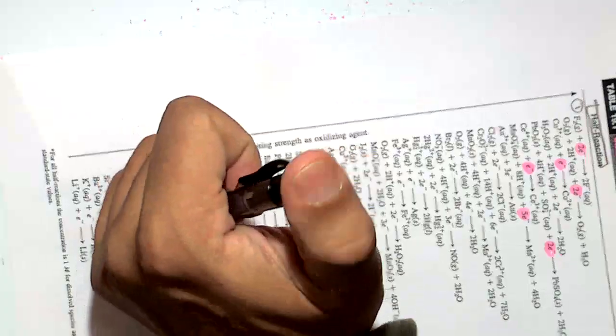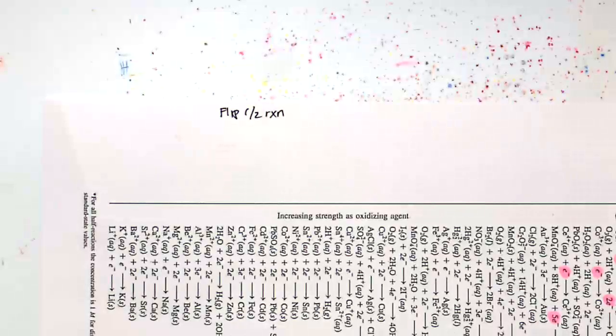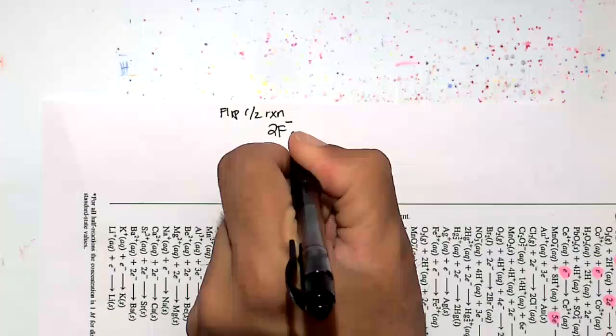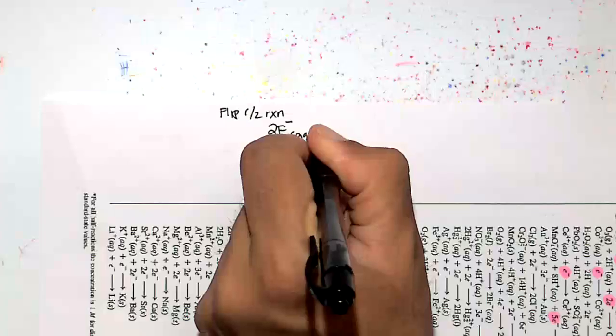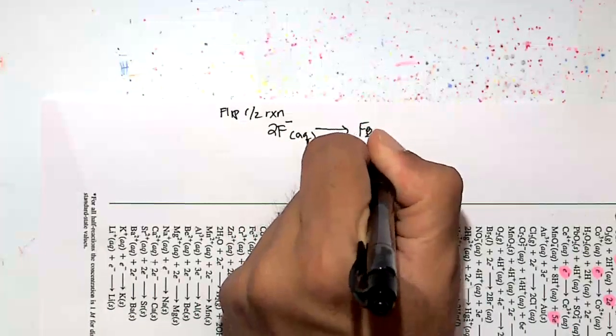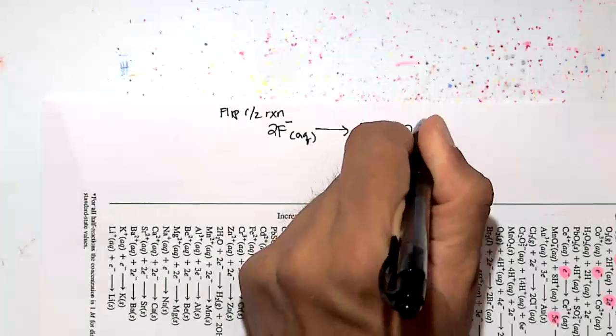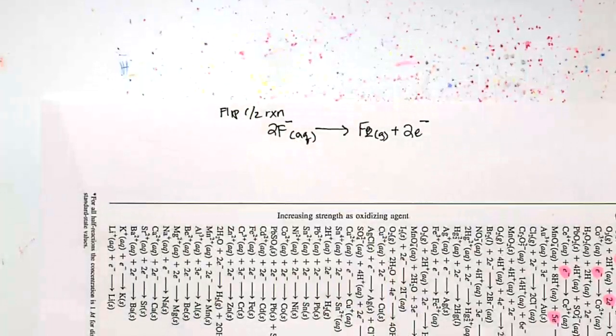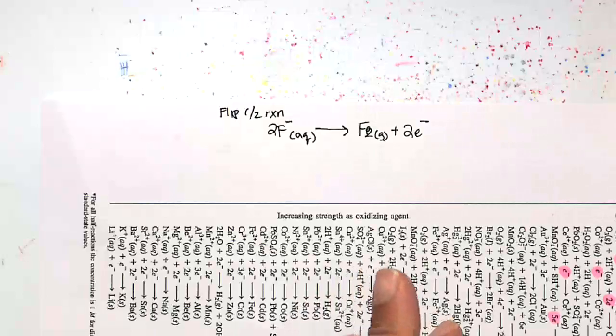When we flip half reaction 1, this is what we get: 2F minus goes to F2 plus 2e minus. So I just flipped it.